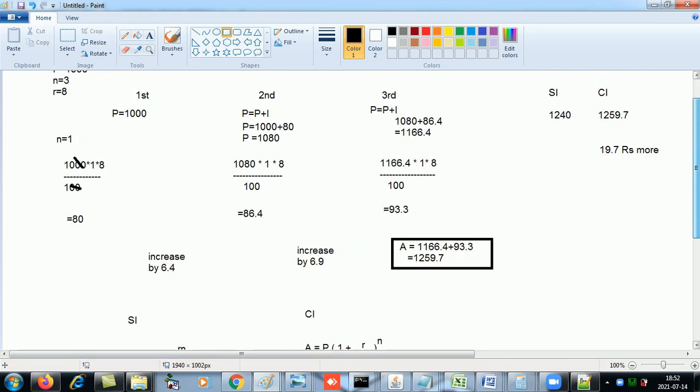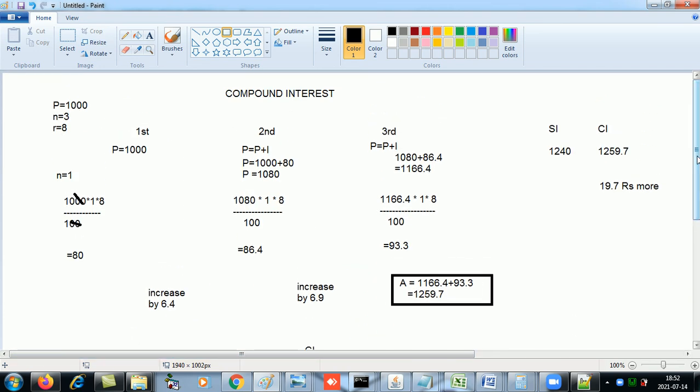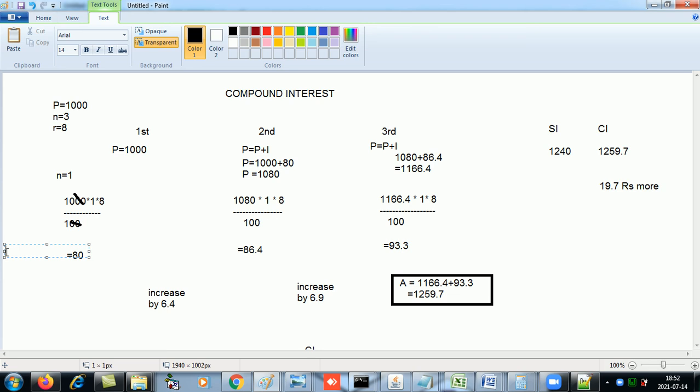Okay. Now there is one more formula, if you wish to calculate how much interest was added after every year. So 80 was the compound interest added in the first year, it is this in the second year, and this was the compound interest added in the third year.